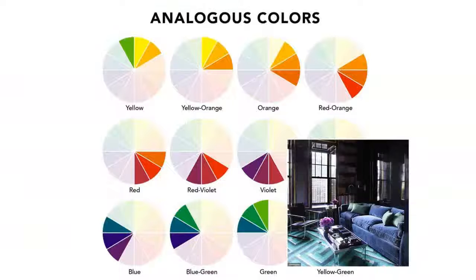Some designers also use analogous colours, which are colours that are adjacent or next to each other. So you might look at the colour wheel and say, there's red, yellow, a bit of maroon coming in on that. And you might then throw in an accent colour, a splash. In this case, this interior designer has used a very strong violet within the colour scheme.